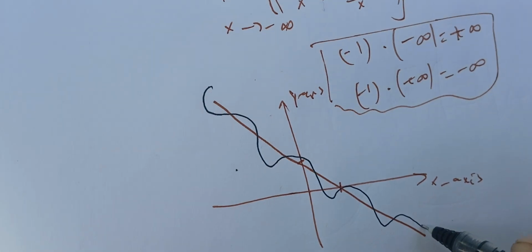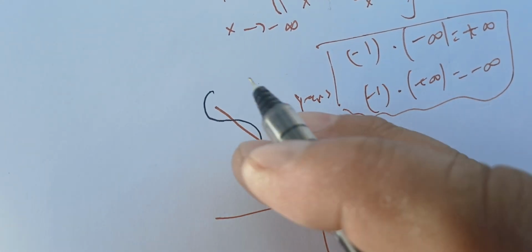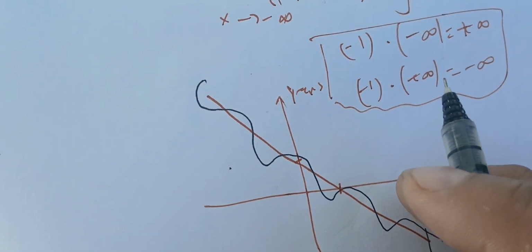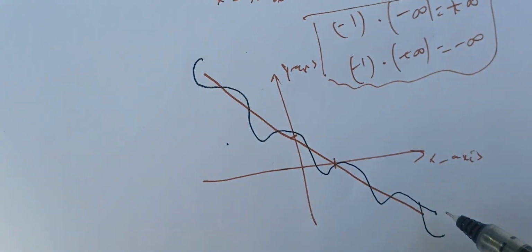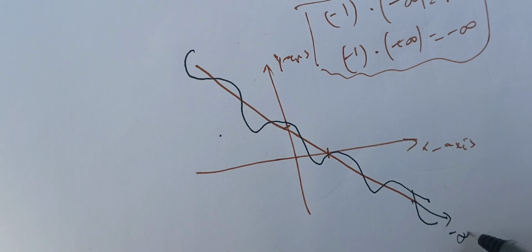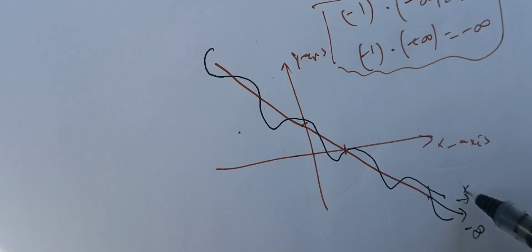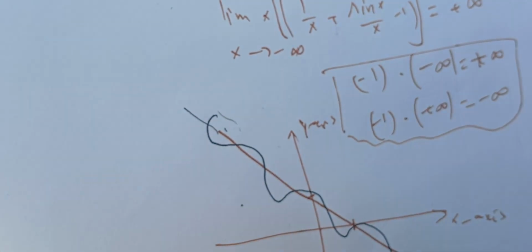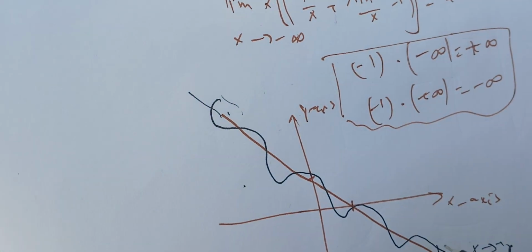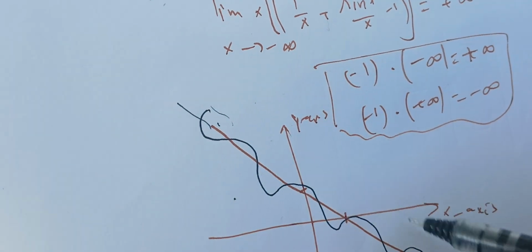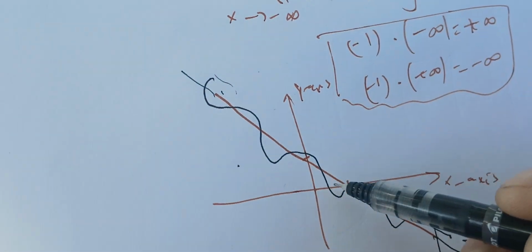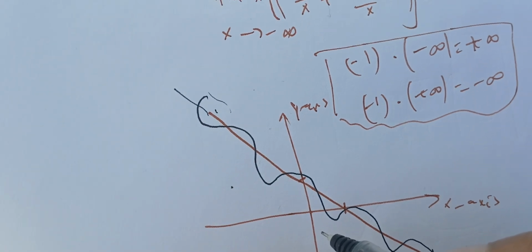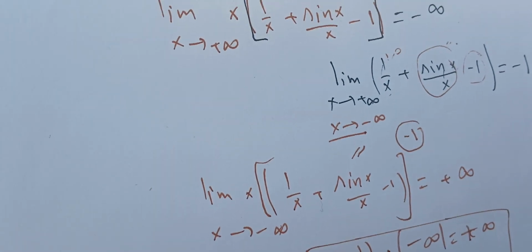This is just an explanation, it's not the exact graph. If you want to see exactly the graph of the function, do it on the calculator. I'm just giving you an idea. This one will go to minus infinity as x goes to plus infinity, and this one will go to plus infinity as x goes to minus infinity. So our function will be wiggling, moving back and forth about the function y equals minus x. I think that's all we need here.